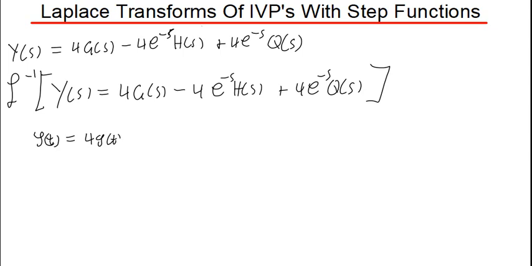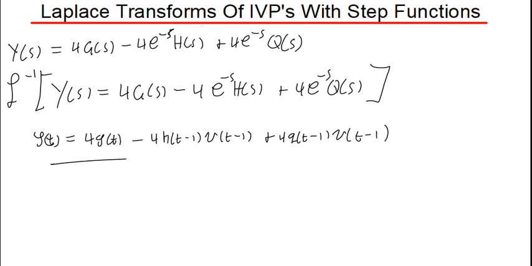That will be g of t minus 4, then h of t minus 1, because of the shift there. Then here you have u of t minus 1. You do the same to this one, that will be 4 by q of t minus 1, then u of t minus 1. So this is how it's supposed to be.